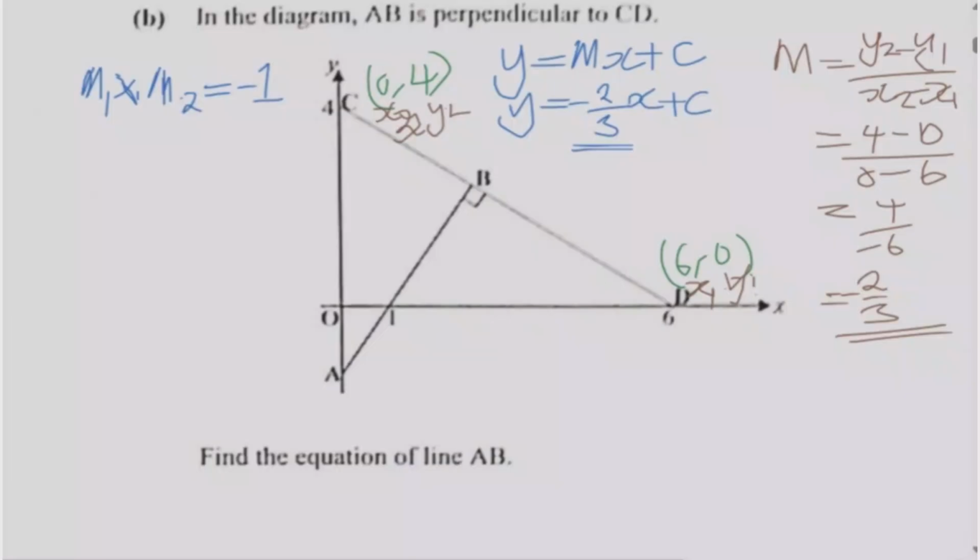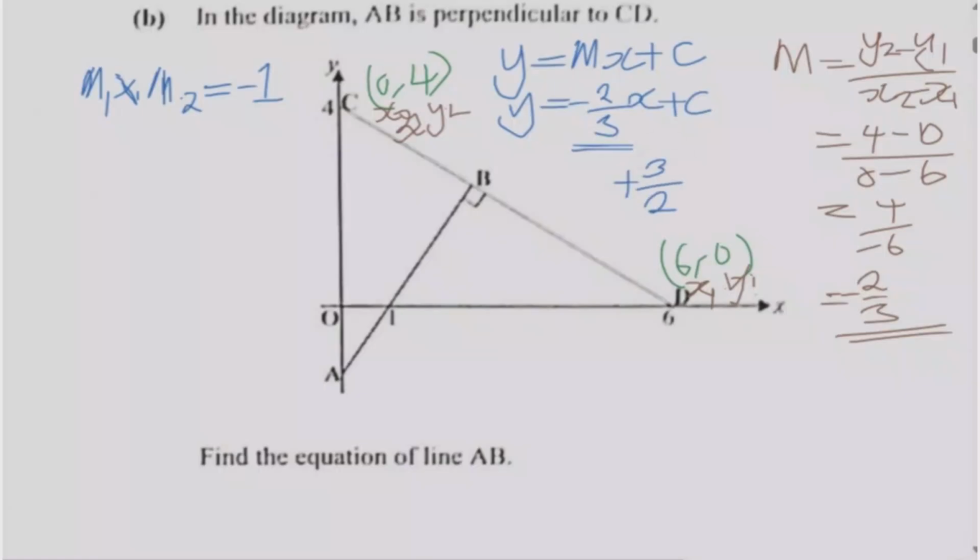So now we have negative 2 over 3, which is negative, meaning the gradient of the line AB will be positive. Then we flip the fraction, so this one is 2 over 3, and the gradient for the line AB will be 3 over 2.